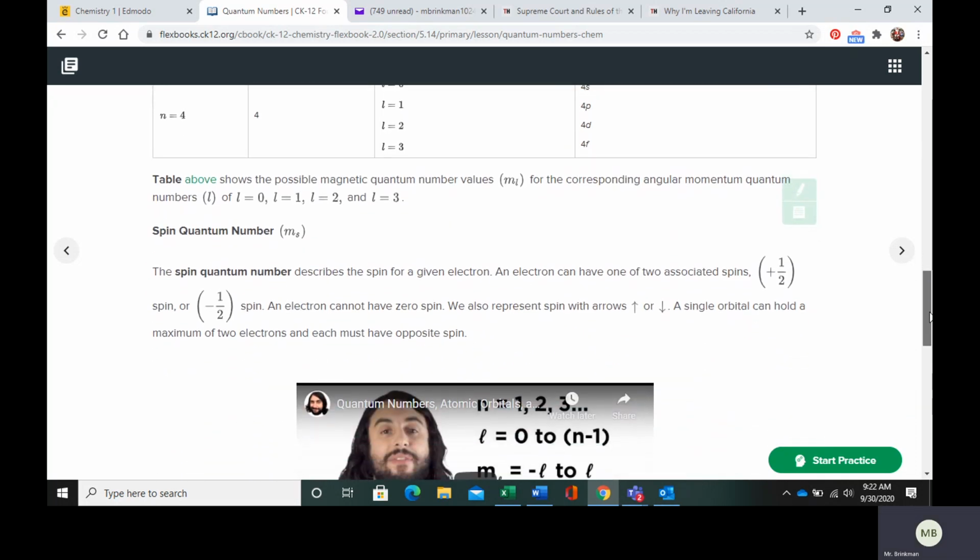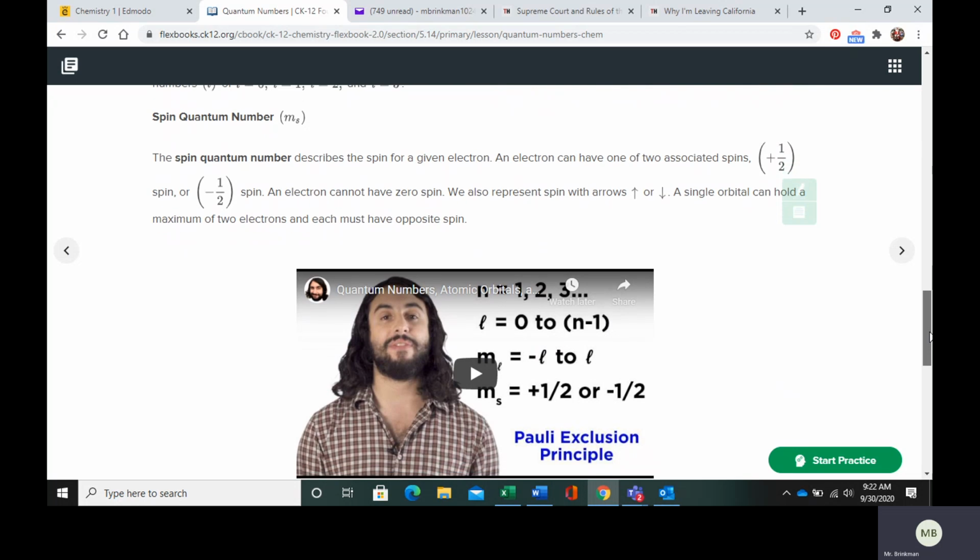So lastly, we have the spin quantum number. Okay, m sub s. So the spin number describes the spin for a given electron. So it can either spin in the positive direction or it can spin in the negative direction.